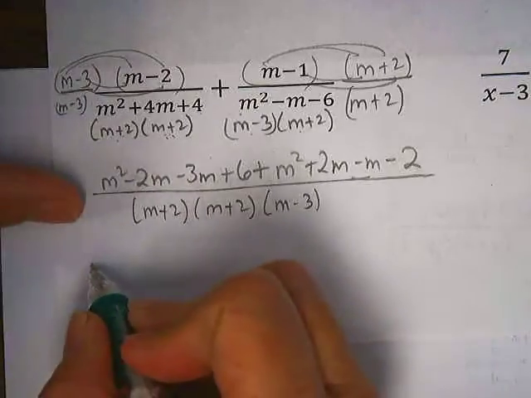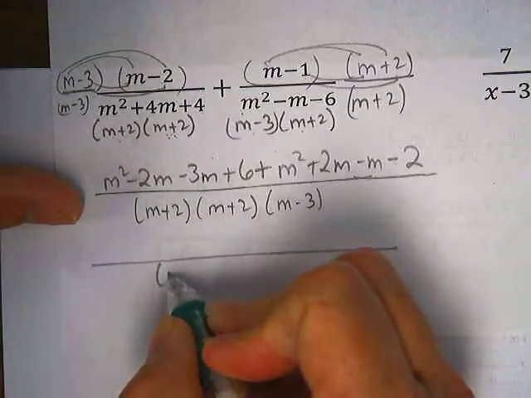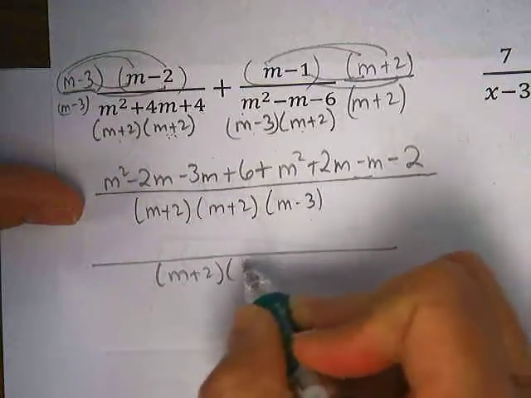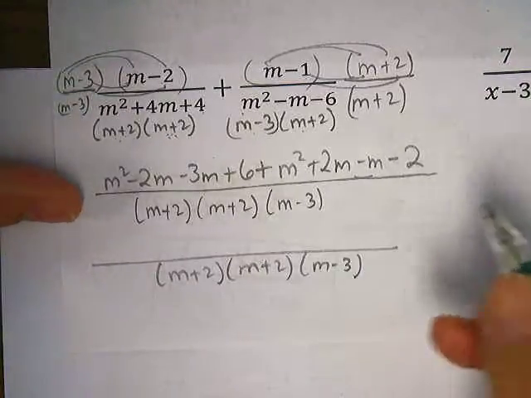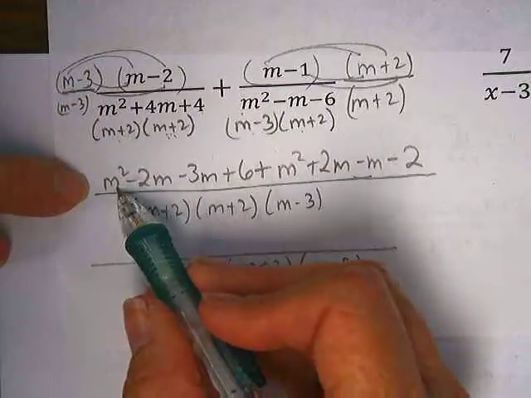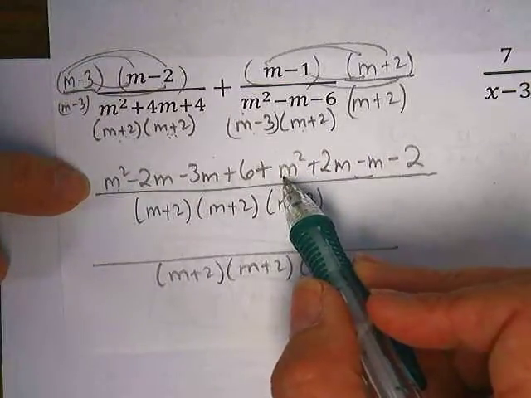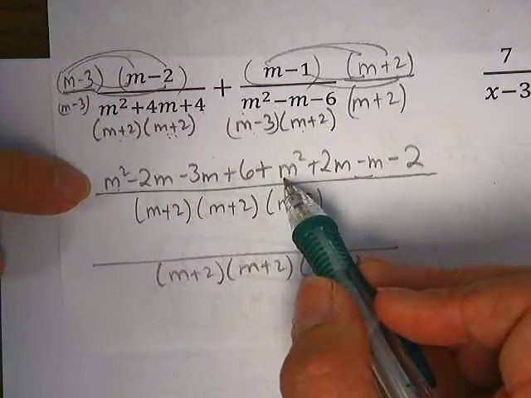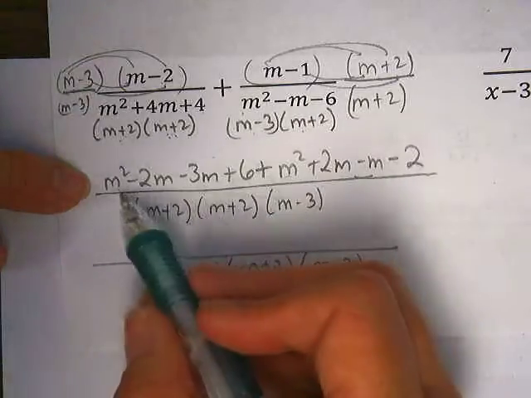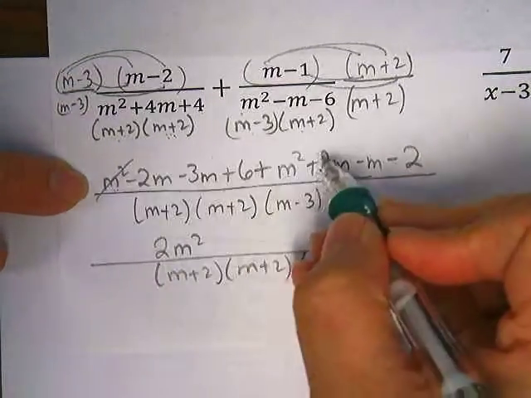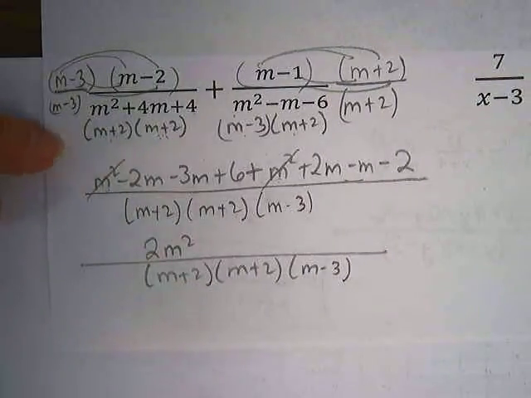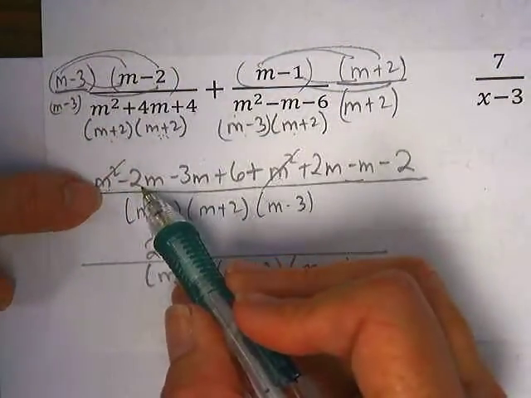Okay, now let's try and fit these all together. Our denominator is going to stay the same, m plus 2 times m plus 2 times m minus 3. And we've got m squared and m squared, so when we add terms, our exponents do not change, so we've got 2m squared. And again, I'm just crossing these out because we've got a lot of things to add together.